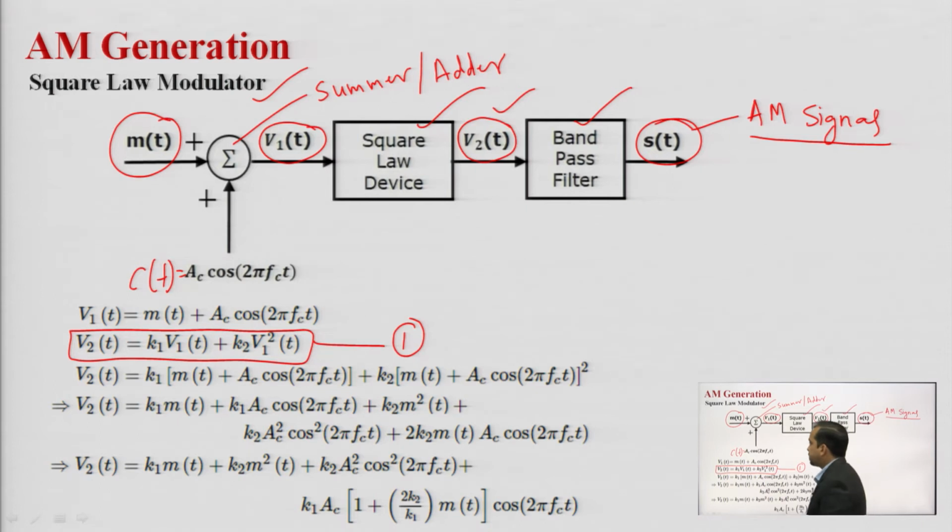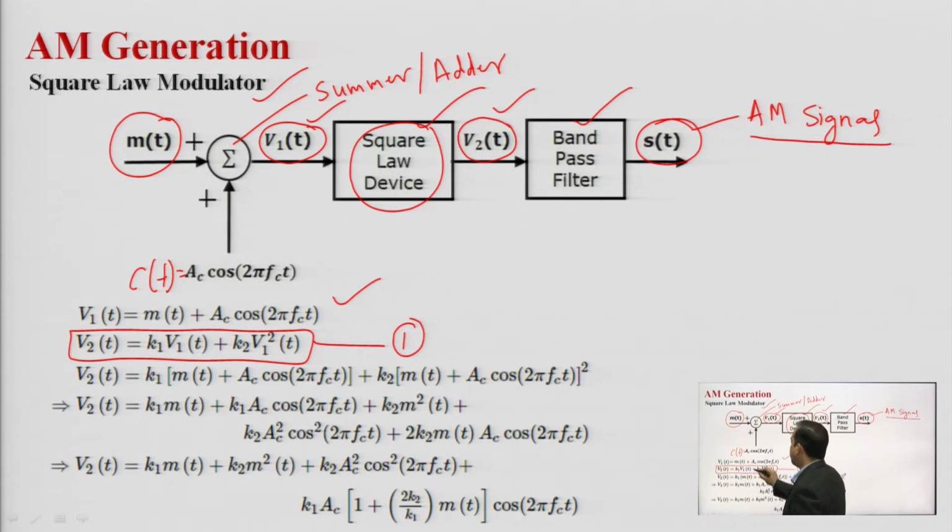So if we start, first v1(t) is m(t) plus c(t), so m(t) plus Ac cos 2 pi fc t. Now if this v1(t) is passed through a square law device, then v2(t) will be K1 v1(t) plus K2 v1 square(t).